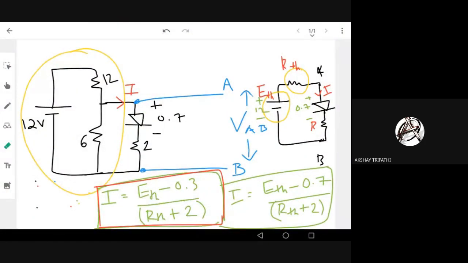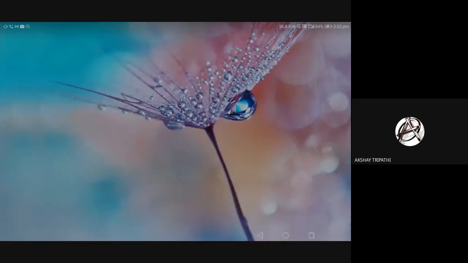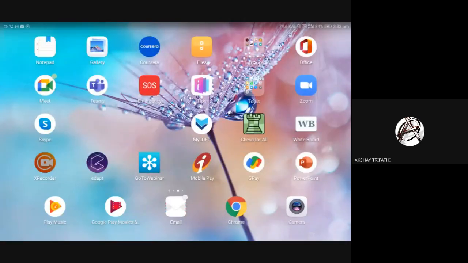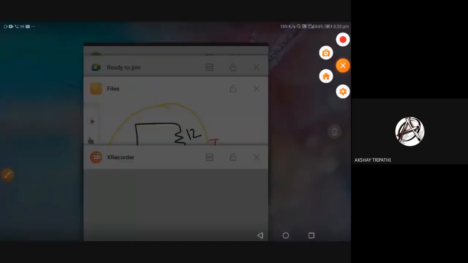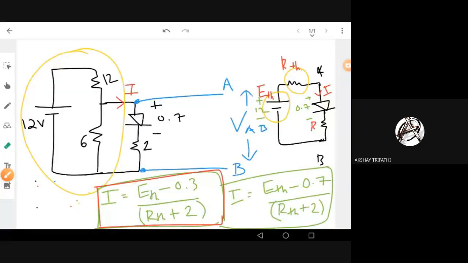Okay, so this was something we discussed yesterday. I hope you have tried this. What I have done here is I am using Thevenin circuits. Here there is a diode circuit.